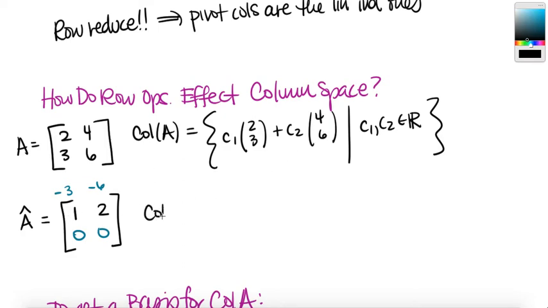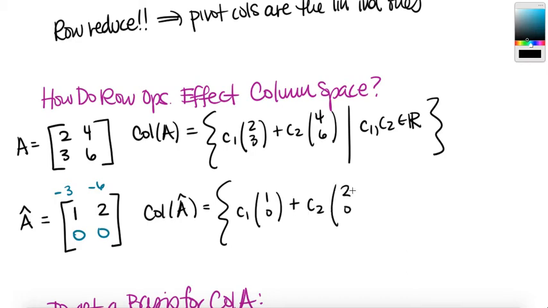But if we look at the column space of A hat, it would be c1 times (1, 0) plus c2 times (2, 0), where c1 and c2 are scalars in R. We look and see those row operations told us where that pivot was and told us that we only need one column for a linearly independent set.